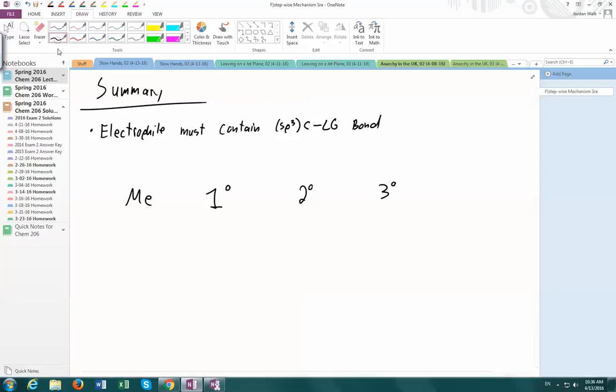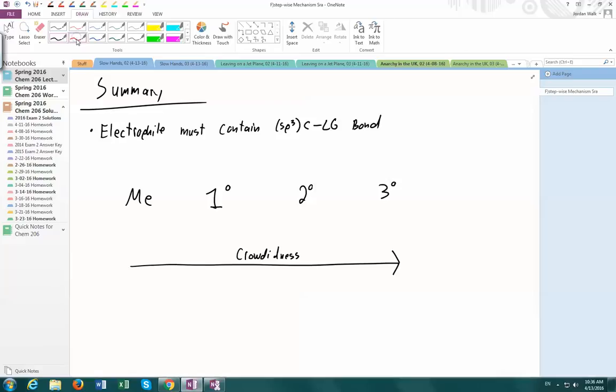And so in terms of crowdedness, which is more crowded? Is it the tertiary end or the methyl end? It's the tertiary end. And so in terms of crowdedness, how does that affect an SN2 reaction? Does it favor or disfavor?